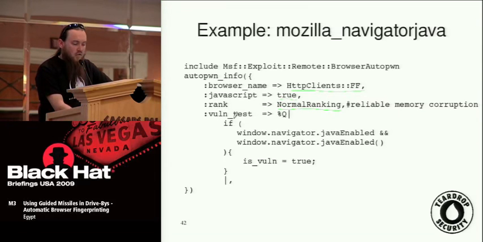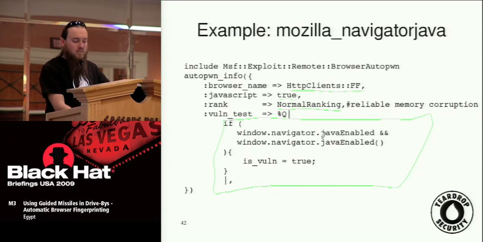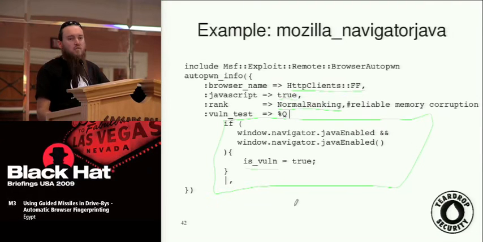It's really quite straightforward, just a simple little chunk of JavaScript. It's not a whole lot of code. We're just testing for the existence of an object required to run this exploit, and we set one variable to true, saying that this client is vulnerable to this exploit. I think it's relatively easy to set all this stuff up.